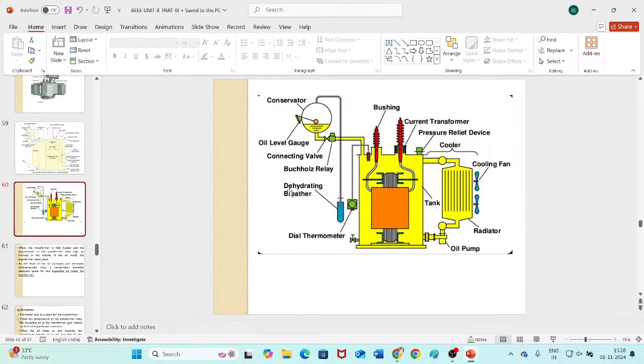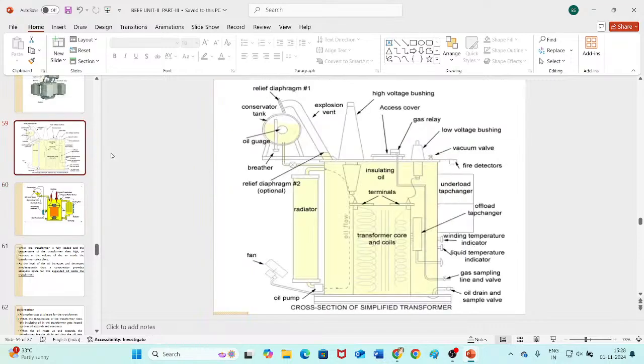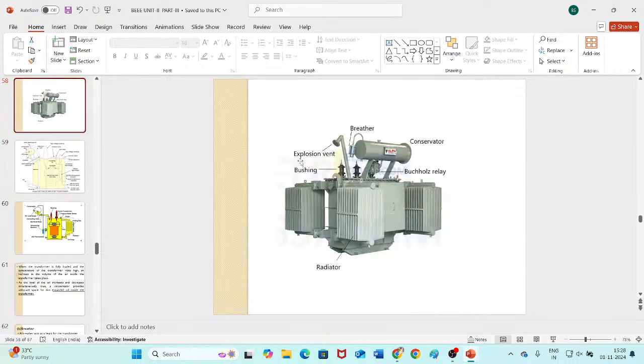You can see here there is a vent which is known as the explosion vent. It is mentioned here. This explosion vent is a thin aluminum pipe placed at both ends of the transformer to prevent the transformer from damage.